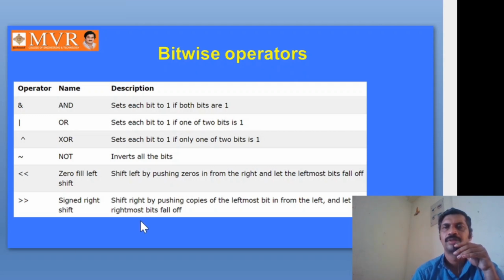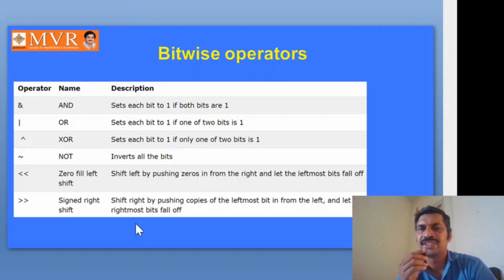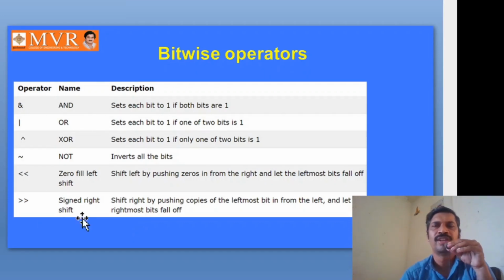NOT of 4 inverts all the bits. Using 8 bits we can represent the numbers. Okay, NOT of 4 will give -5. Zero fill left shift: the right side is filled with zeros. Okay, these bitwise operators operate on the binary bits of a given number. These are the bitwise operators. Left shift, zero fill, signed right shift.